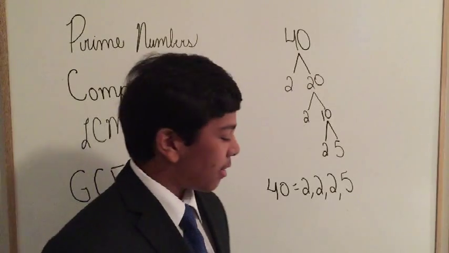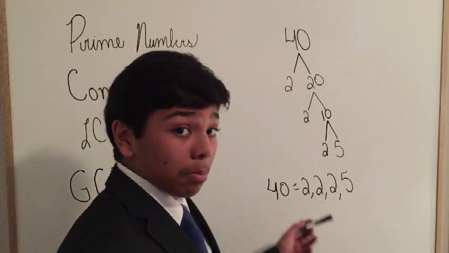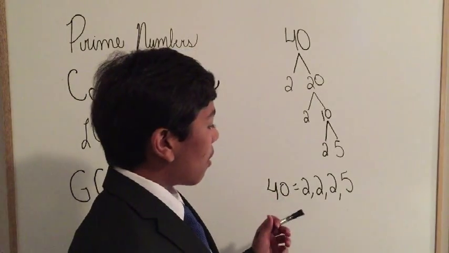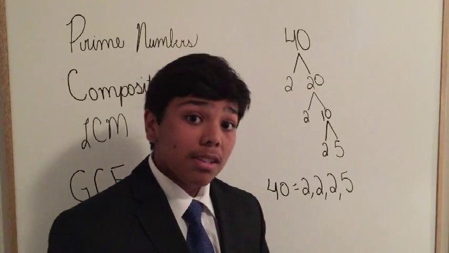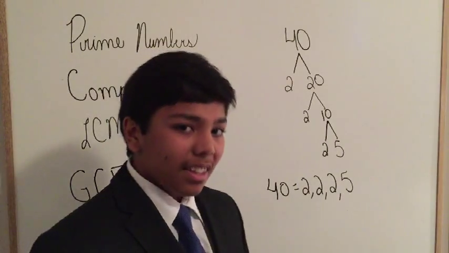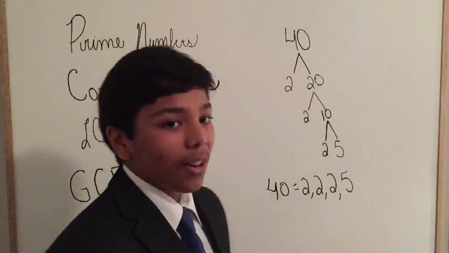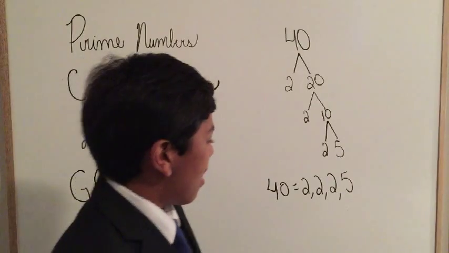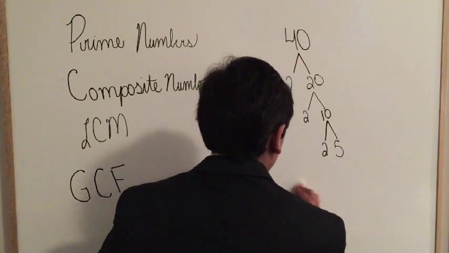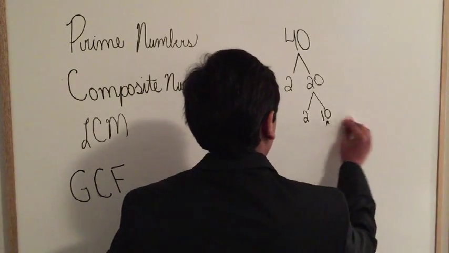So let's try it. 2 multiplies 2 gives us an answer of 4. 4 multiplies 2 gives us an answer of 8. And 8 multiplies 5 gives us an answer of 40. Well done. Now let's try the same number with our table method and see if we get the same answer.